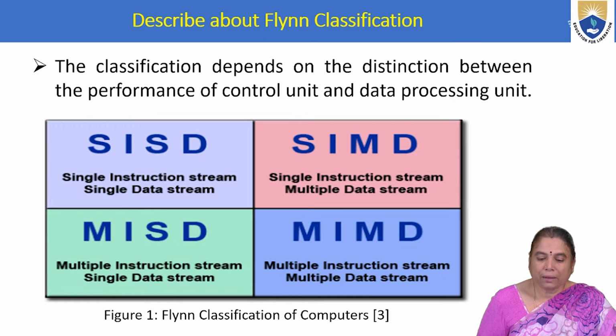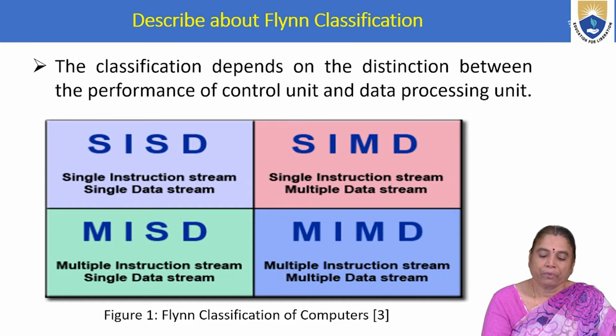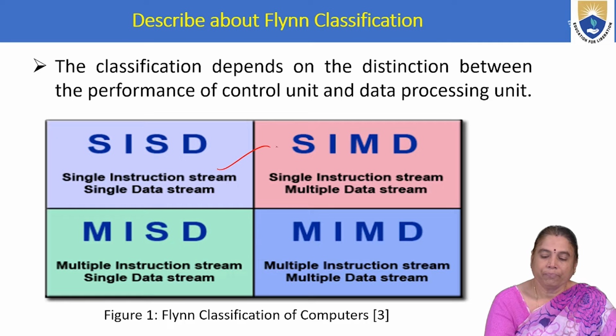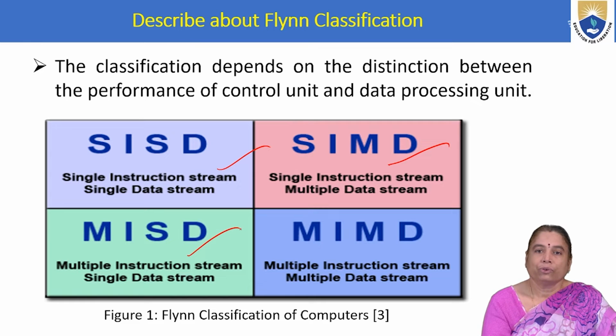Depending upon these two factors, Flynn classified multiprocessor systems into four groups: SISD, SIMD, MISD, and MIMD.